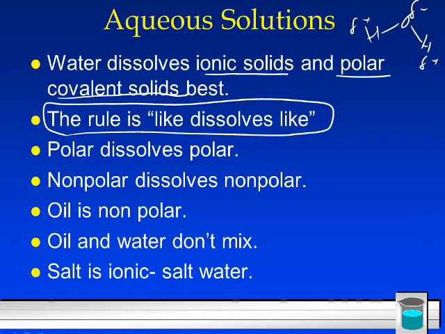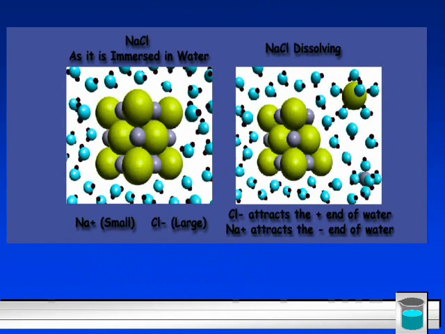Salt is ionic. That means it has charges. Any polar will dissolve ionic. For example, here we have the sodium, which is small, and the chlorine, which is large. Around here, it's water. All these little black and blue Mickey Mouse things are water. Sodium chloride is immersed, and then we have all the water molecules attracted to it.